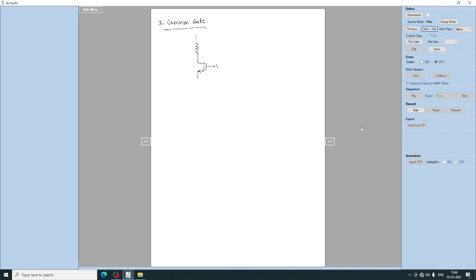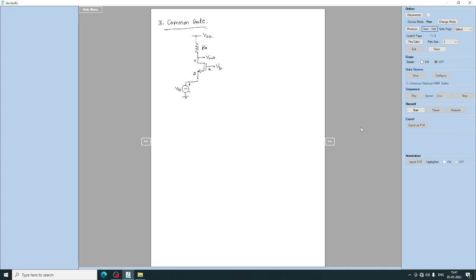So this is the gate, this is V out, this is RD, and this is VDD. This is the source terminal, this is the drain and this is the gate, and we are giving the input to the source terminal. So here this is the common gate circuit.